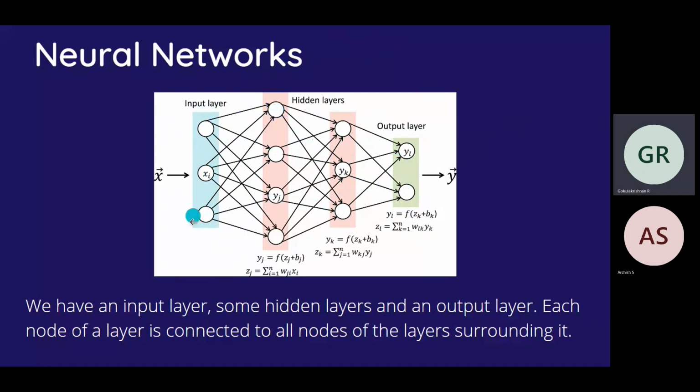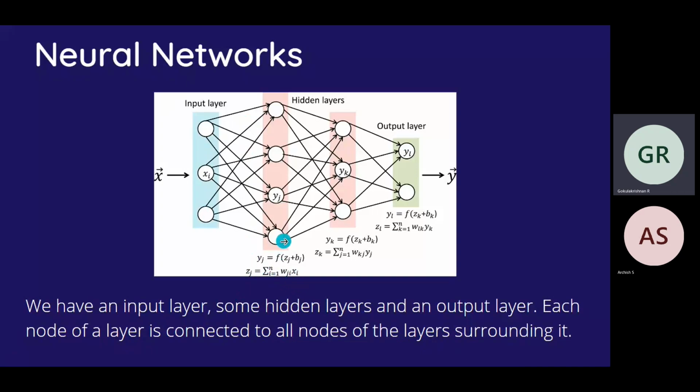So you have an input layer, and how do you find the value of this node? You take the input vector and dot it with the weight vector incoming into this node. As written here, z_j equals the summation of w_ji times x_i.